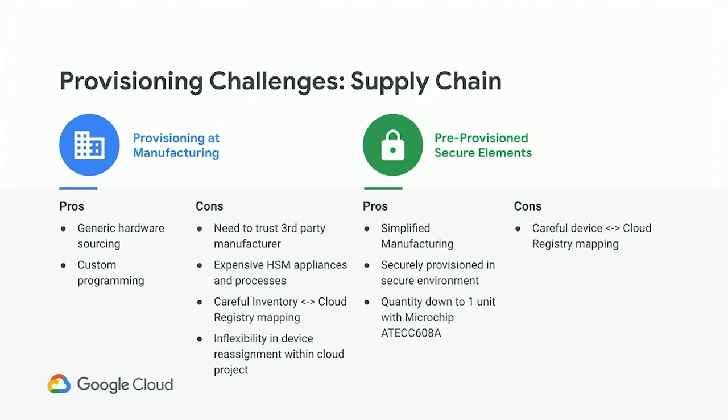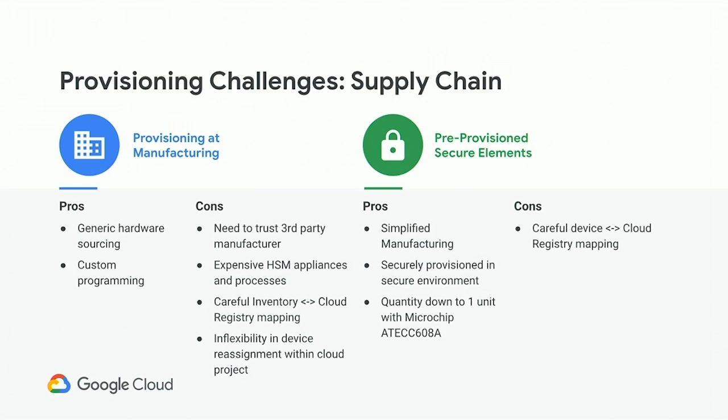Even if you use secure elements, you can get blank secure elements where they have not been programmed, right? They have not been pre-provisioned. You get a blank part, and then at manufacturing, you can say, hey, I'm going to create my own private key, and I can inject it. So first of all, you have to have this HSM capability where you would have to work with a third party and create those keys and put these certificates in it.